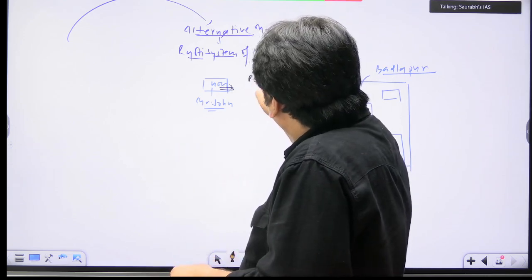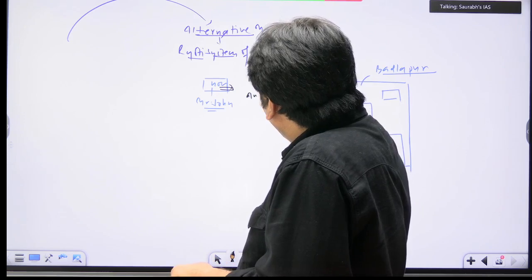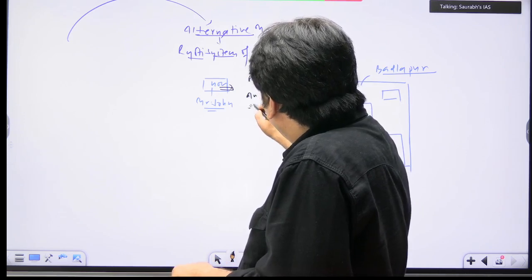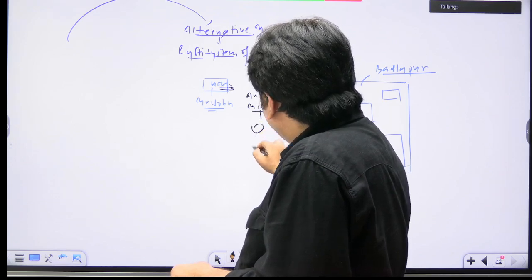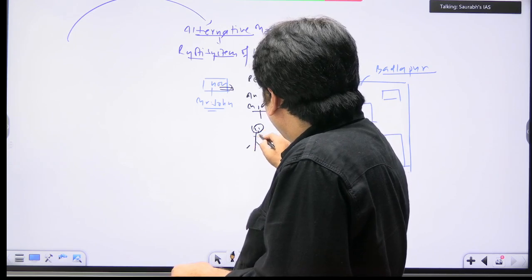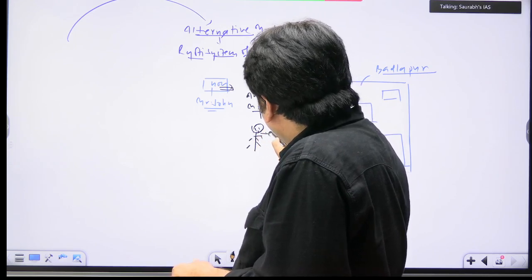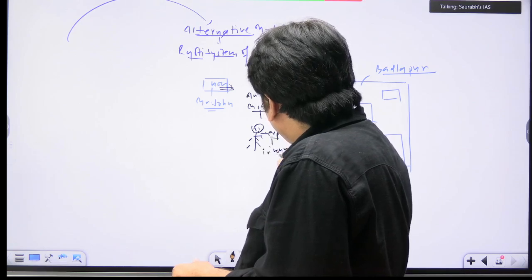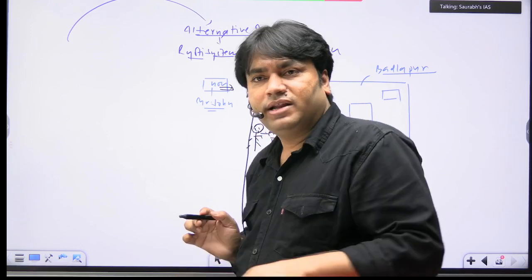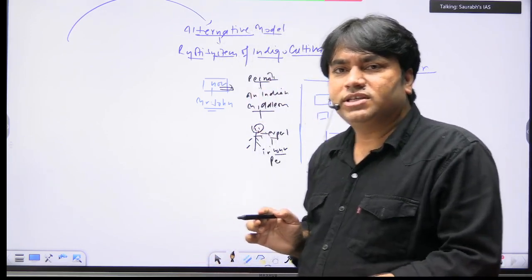Suppose this is the Indian middleman, and he is very expert in convincing people.